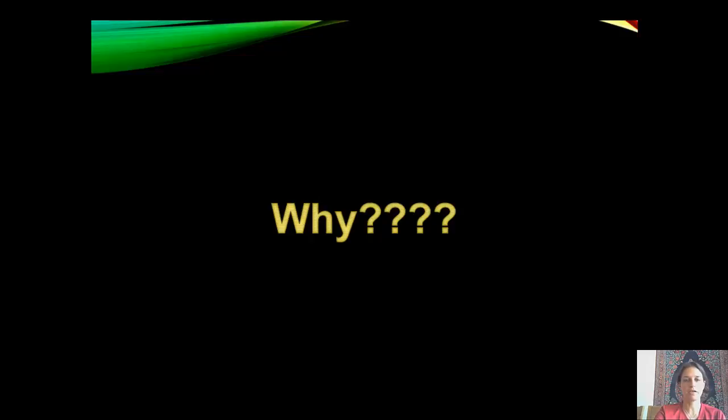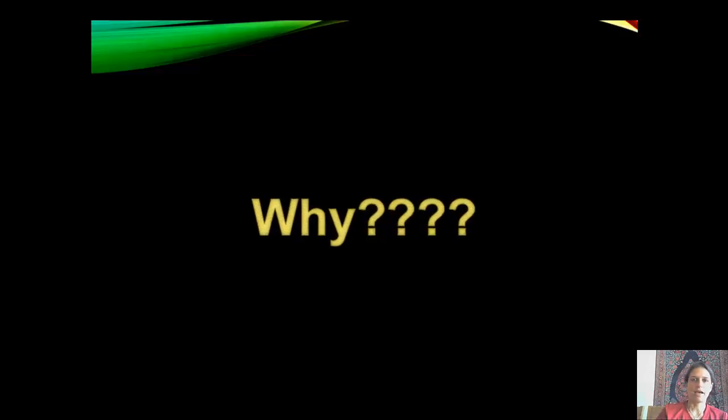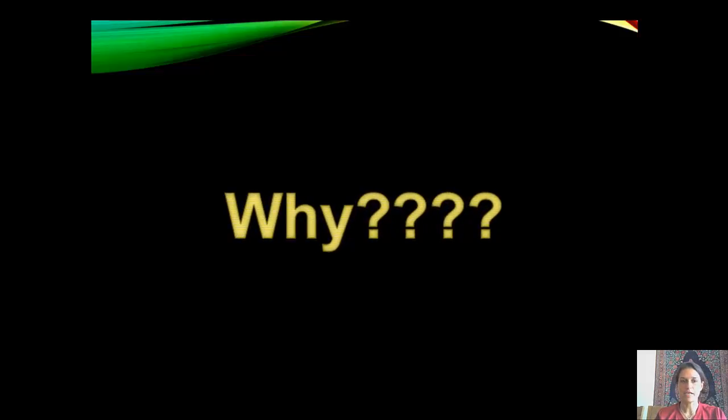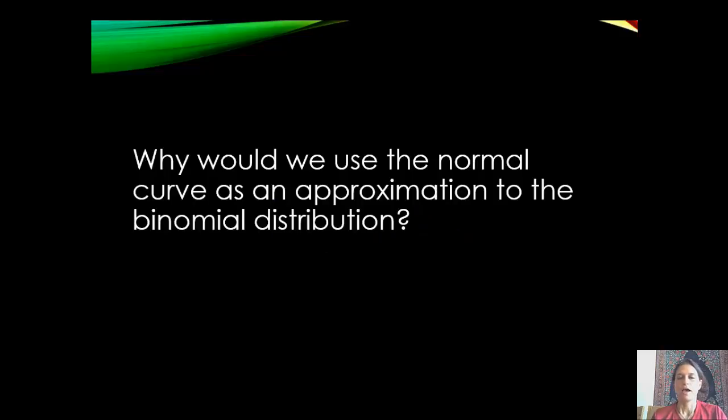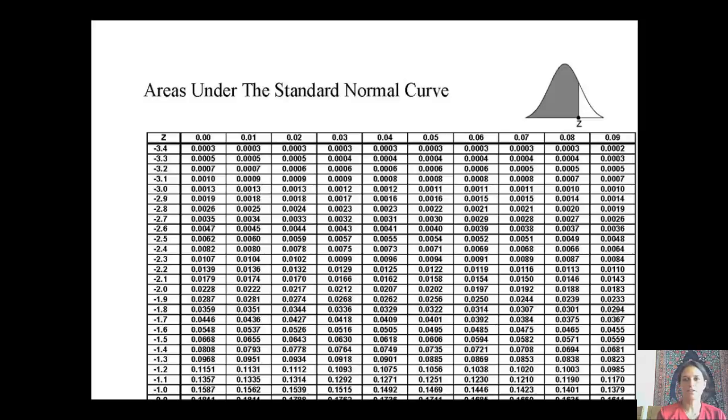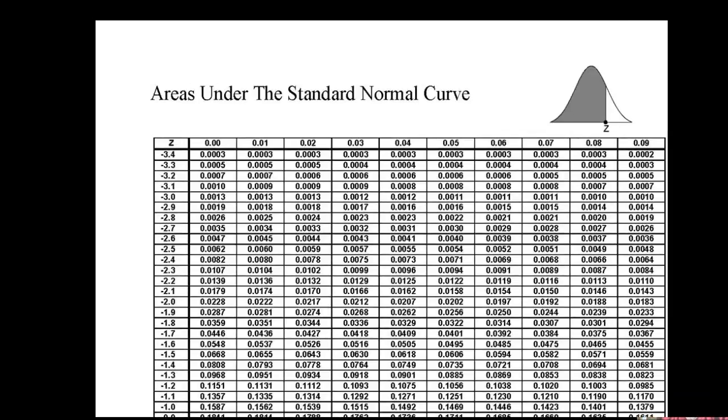You just taught me how to use the binomial. And I would say that's a good question, and I honestly don't have the best answer for you. Perhaps in the past we didn't have such great technology as we do today, and therefore we wanted just maybe a couple of tables instead of many tables to use.